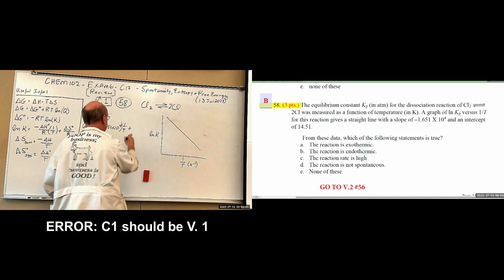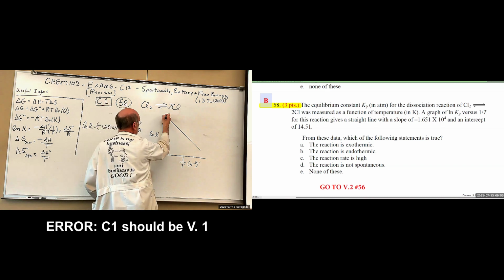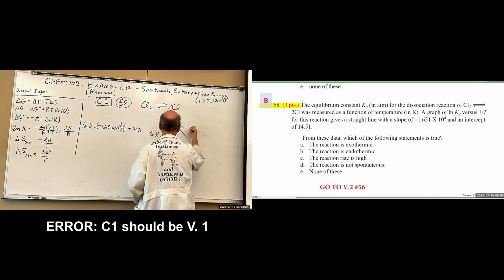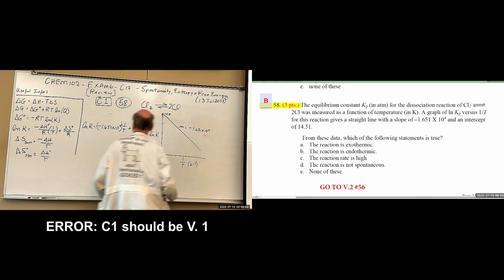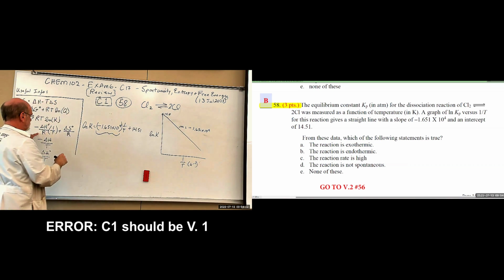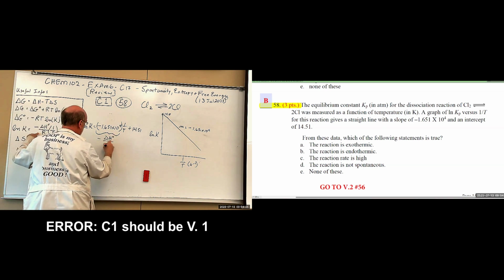Yeah, a y-intercept of 14.51. So where it intercepts here is 14.51. But the slope is equal to negative 1.651 times 10 to the fourth, and this right here is equal to negative delta H 0 over R.